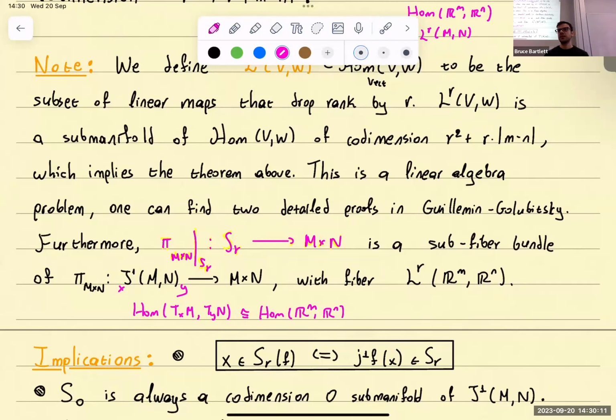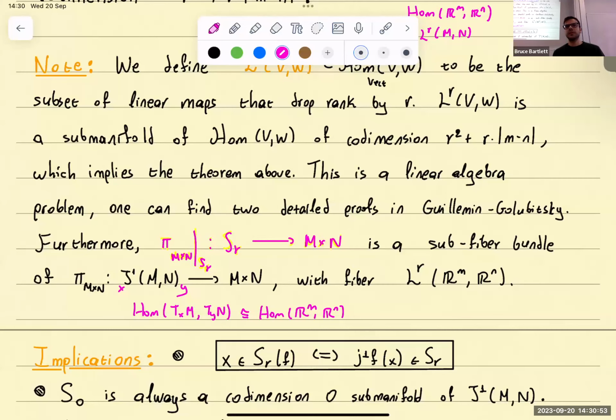That's one of the two proofs in Gilliman and Golubinsky; the other uses the singular value decomposition, because there's this cool fact about the space L^R, which sits as a subset of all linear maps from R^m to R^n. Is it a subspace or just a submanifold?